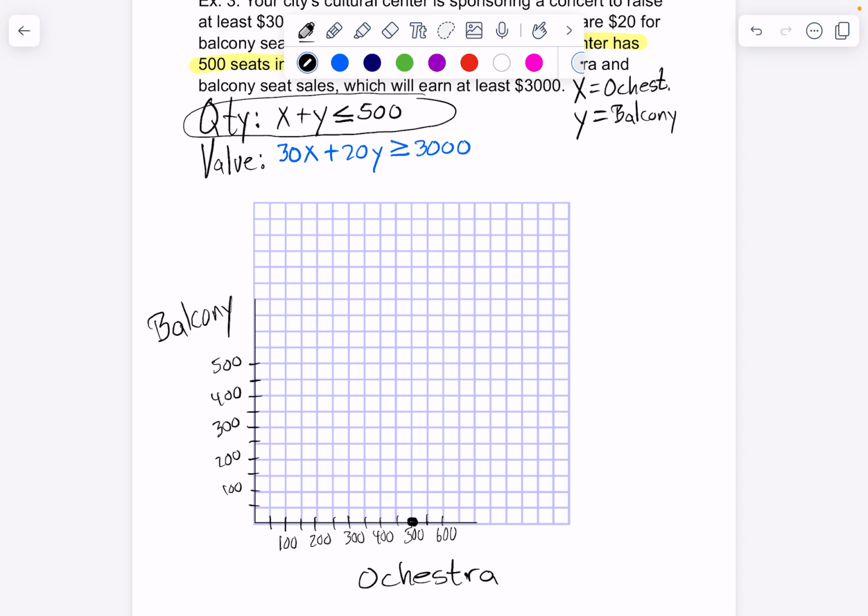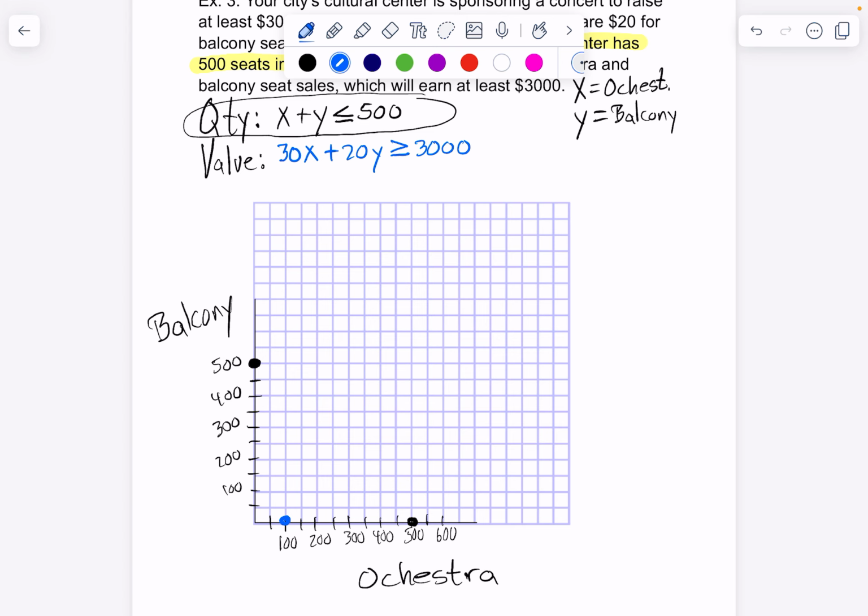And if I have 0 orchestra seats, I can have 500 balconies. Now, the value. The X-intercept of the value equation, when I make Y 0, 3,000 divided by 30, is 100.